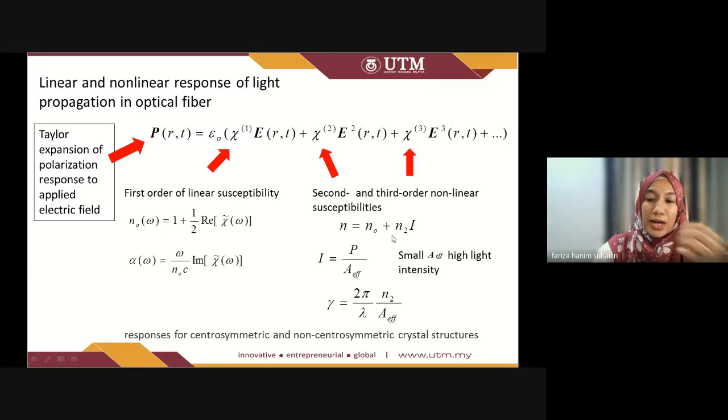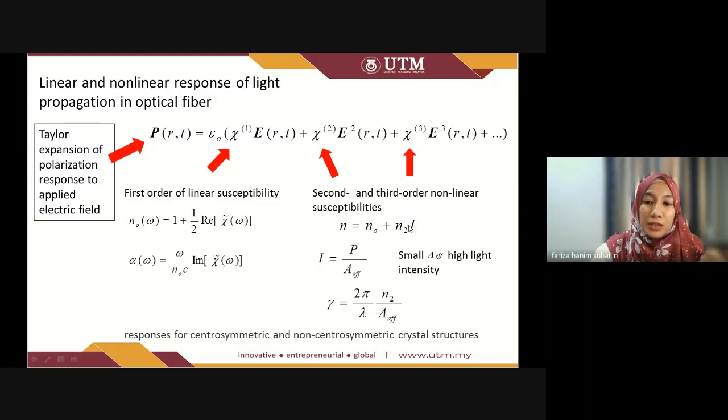In describing the third order nonlinearities, all these effects are largely known as Kerr nonlinear effects, where the nonlinearity comes from the nonlinear refraction, which is a function of the Kerr nonlinear index n2 and also the intensity of light.